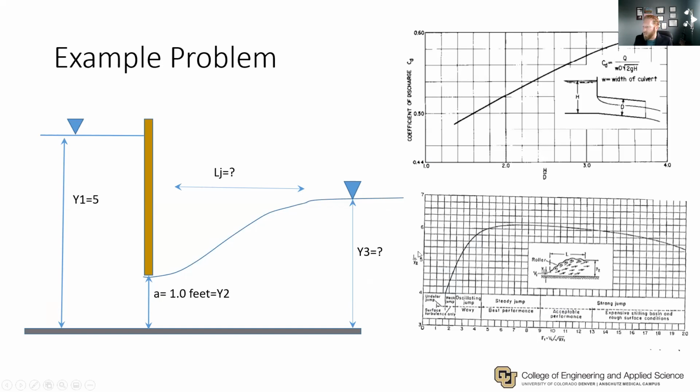So here are images from the Design of Small Dams, and this is a coefficient of discharge for sluice gates. We also have a graph in our book that we can reference for our design problem. So I'm going to start setting up our problem on the whiteboard.